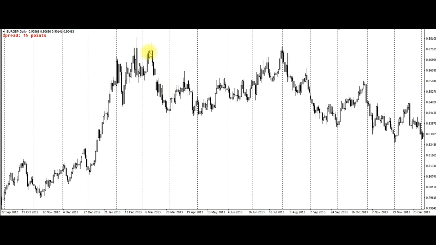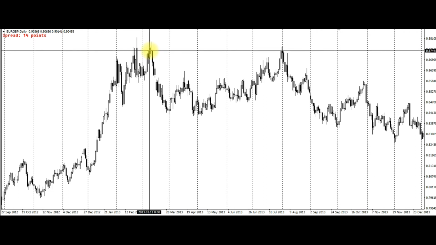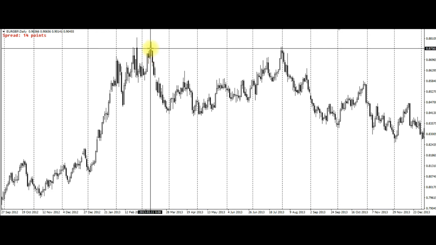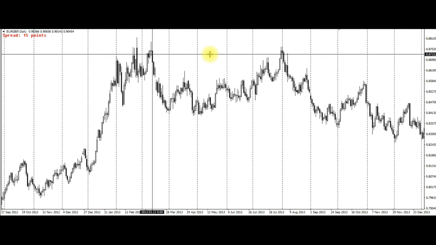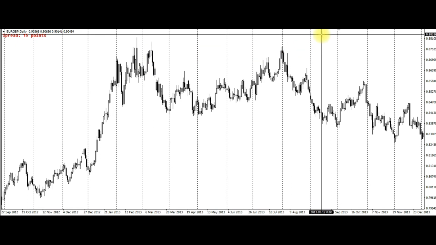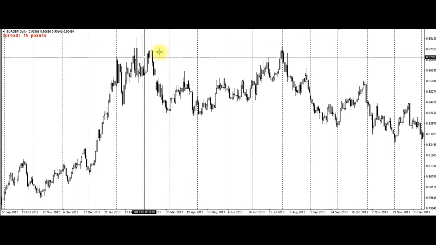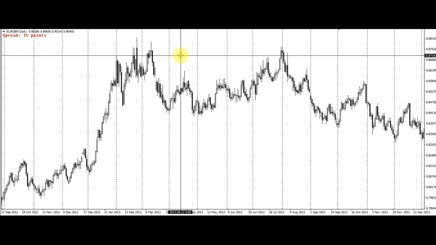Let's assume this bearish order block, this bullish candle prior to this move down, got violated here. Price just traded through it and went up. So we would expect that anytime price comes back to this area, the range from this side to this side, we would expect a buy around that area. So that's for the bullish breaker.